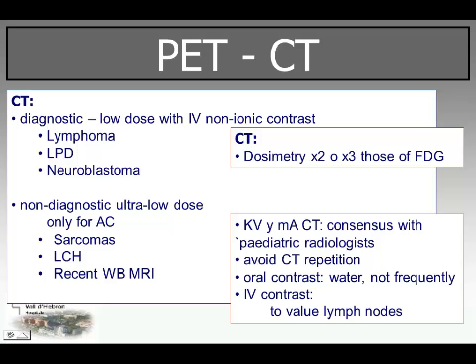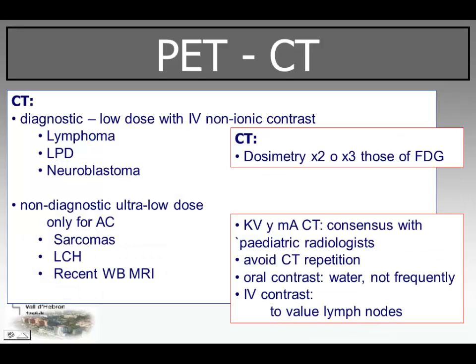In some other indications, we can use a very low dose, non-diagnostic CT, only for attenuation correction, for example in sarcomas, in Langerhans cell histiocytosis, or in cases where we have a whole body magnetic resonance image performed the days before. In any case, the kilovolts and the milliamperes of the CT have to be agreed with the pediatric radiologist of the hospital.